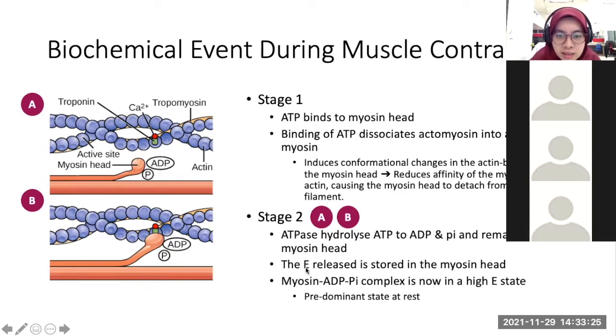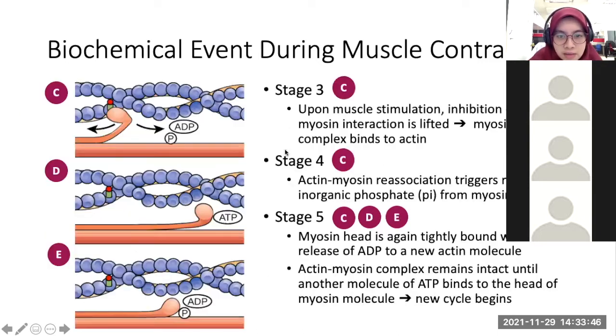The energy released is stored within this myosin head. So now the myosin, ADP and P, all bound together, is called a complex, and it is now in a high energy state. This is the predominant state at rest.